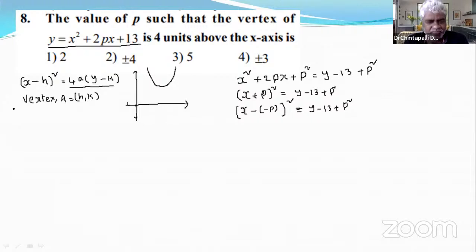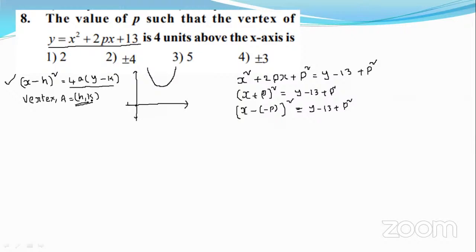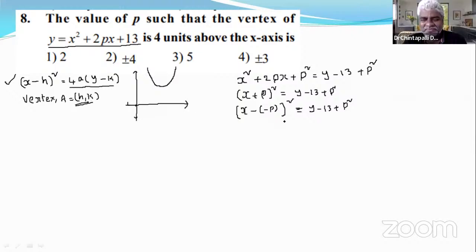Just use the concept of left hand side. What is the vertex of a parabola which is in this format? If the parabola is in the format x minus h whole square is equal to 4a times y minus k, its vertex is, what is its vertex? h comma k. Very good. Here, what is h?